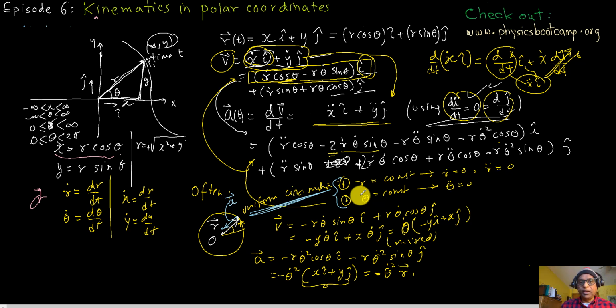There is another, a little bit more advanced way to think about polar coordinates. And that turns out to be, in place of i hat and j hat, we introduce something called polar unit vectors. Okay, so the unit vectors are here, i hat and j hat, and we can introduce two new vectors in this plane. One is going to be in this direction, because you can see the r vector is very important.